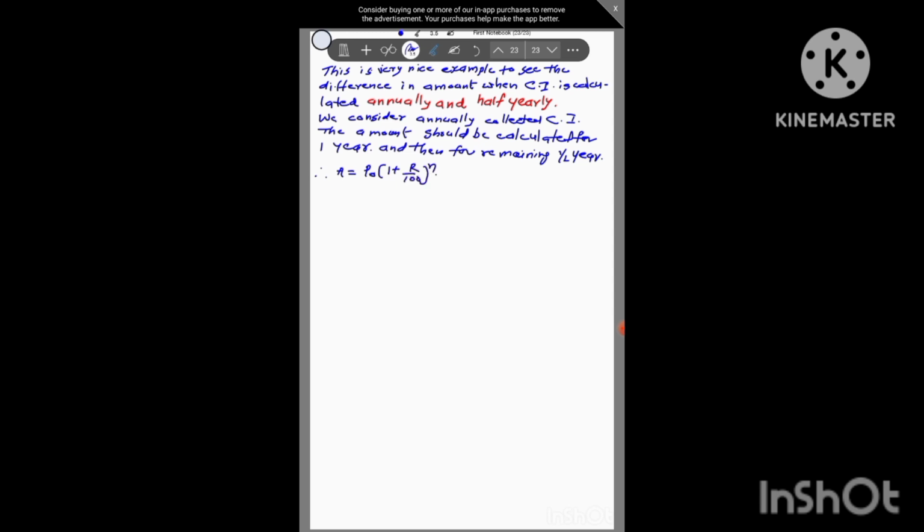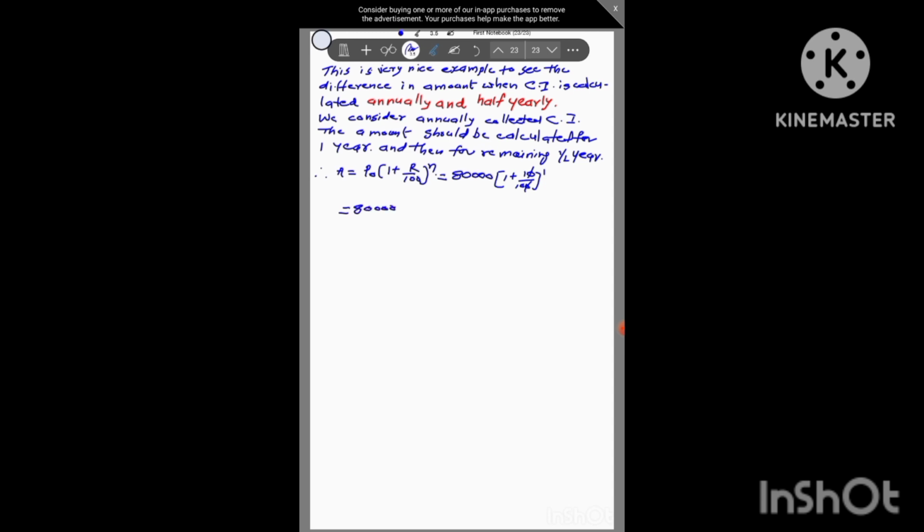So I am writing it for 1 year. Amount A equal to P0 into 1 plus R upon 100 raised to N. You know the meanings of all these, P0, R and N. So I am directly substituting it. 80,000 into 1 plus 10 upon 100 raised to 1, because N equals 1. We are calculating only for 1 year.